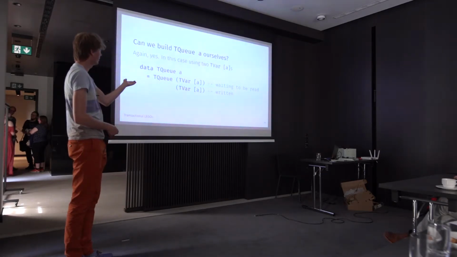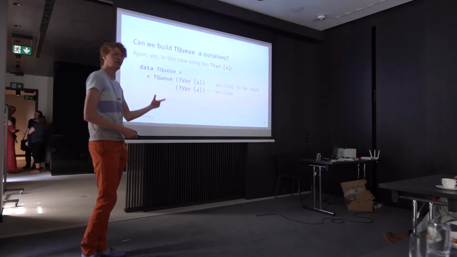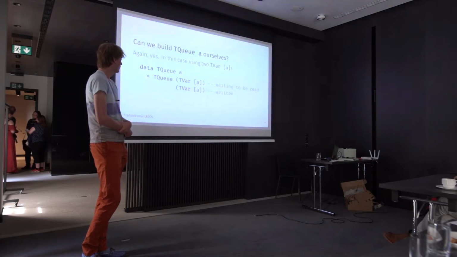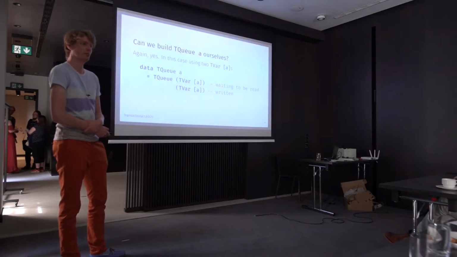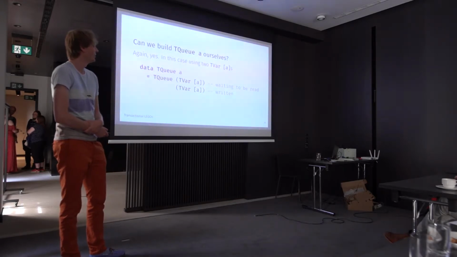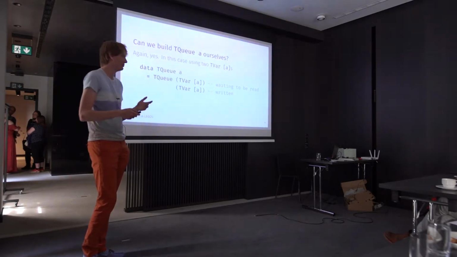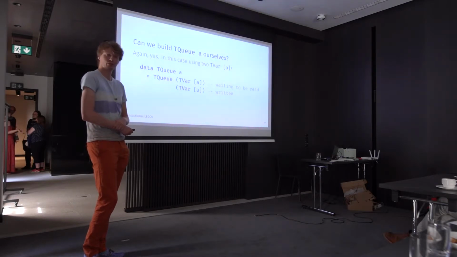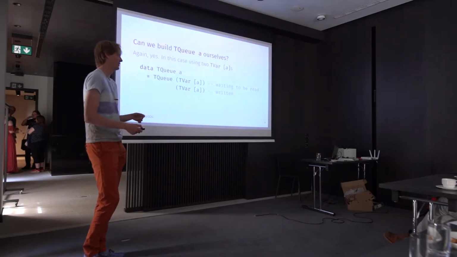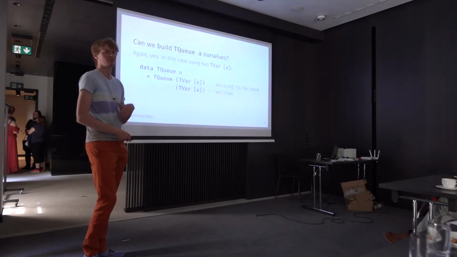There are 2 lists, one in which elements are written to, and one in which there are elements waiting to be read. And you might ask yourself, well, if there's one place where things are written and one place where things are read from, how does the list that's about to be read get populated? We'll see in a bit.